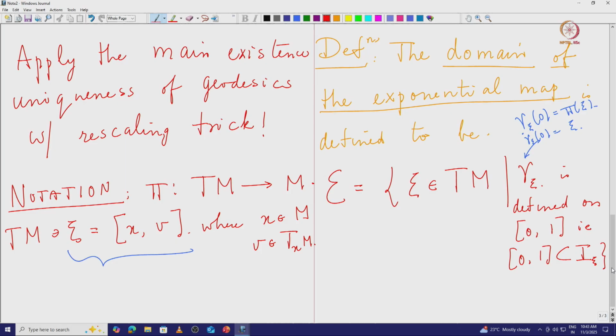So these are all the possible tangent vectors so that the corresponding geodesic lasts at least for a unit time.